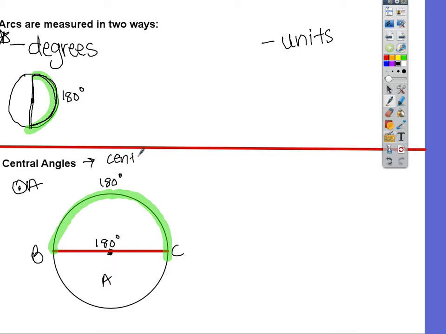A central angle has its vertex at the center of the circle. So BAC is a central angle.